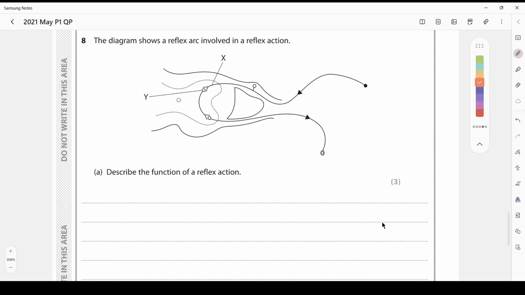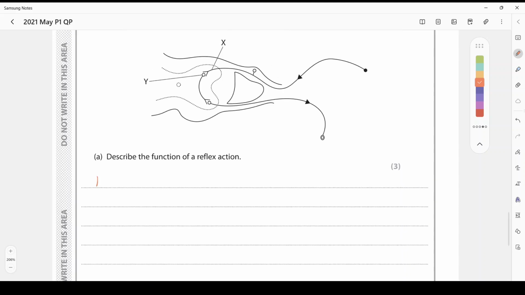Question 8. The diagram shows a reflex arc involved in a reflex action. So part 8 says describe the function of a reflex arc. So we got to mention what it is. So, wrong colored pen. All right.